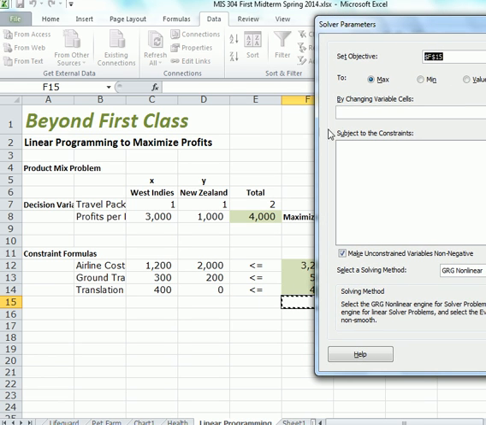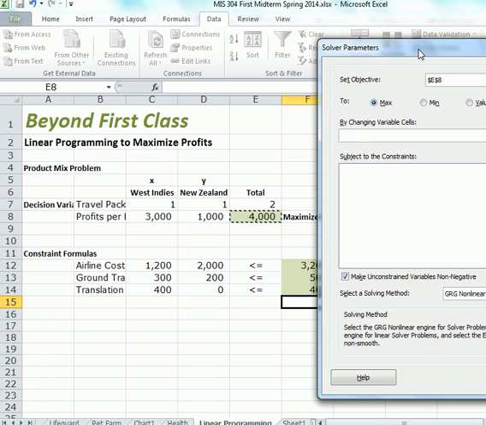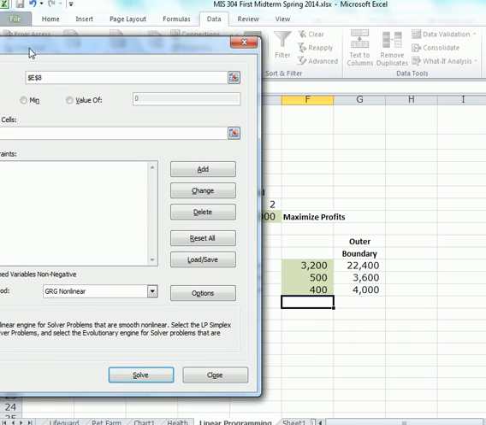So it should be my E8. The second thing, what are you going to change in order to maximize the profit? No, you do not change the constraints. The constraints are fixed. The variables are the quantities that you will produce or provide of x and y. So your changing cells will be x and y. So it is C7 and D7. And now you need to add your constraints.